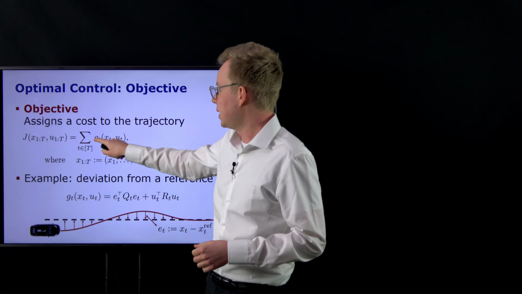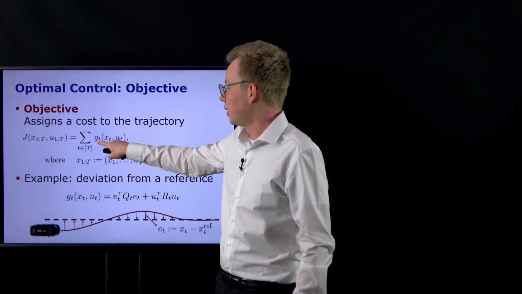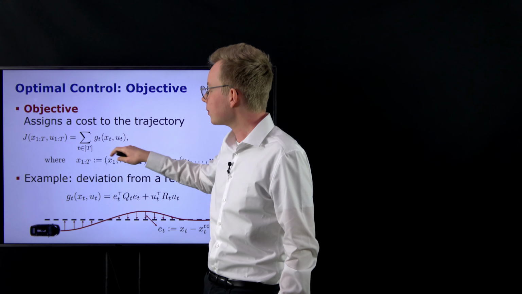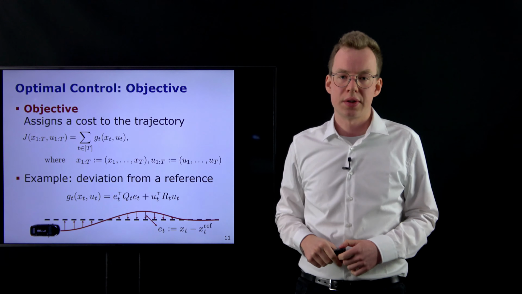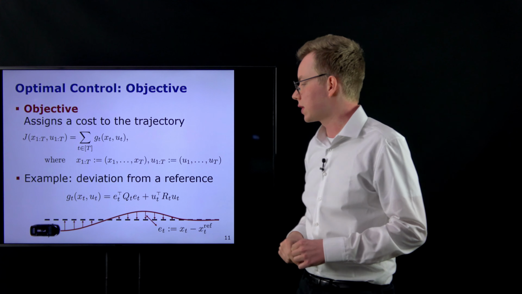And so here we would typically write it down as a time separable cost, where g only takes the current state and input at time t. And then the total cost J is the sum of these individual time costs or stage costs.